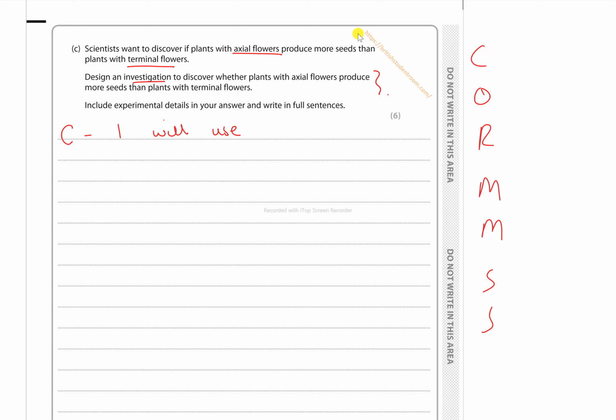So I will control the type of organism I use, which will be an axial plant and a terminal plant. So I will use many axial plants and many terminal plants in this experiment.